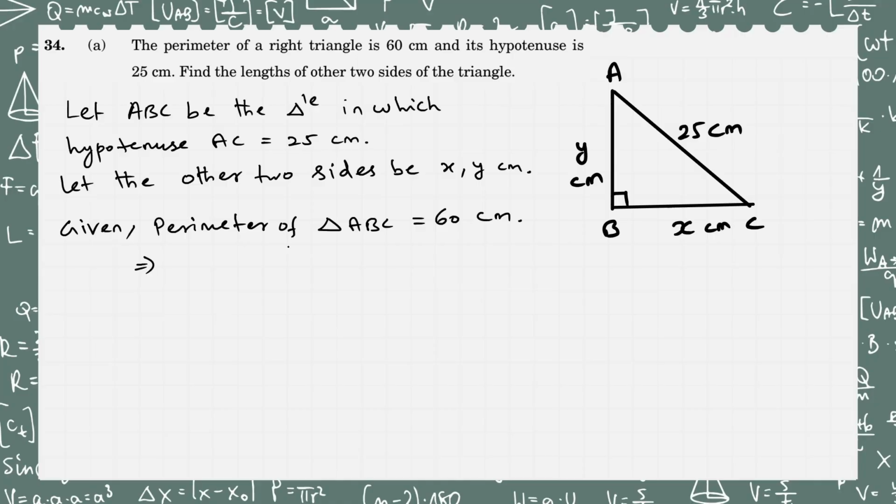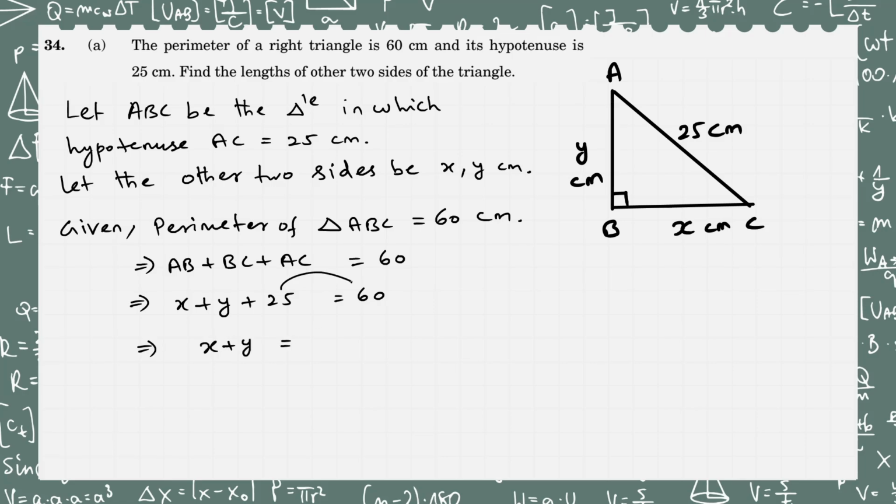So what is the perimeter? Sum of all the sides, right? So that implies AB plus BC plus AC equal to 60. That implies x plus y plus 25, correct? It will be y plus x plus 25 or x plus y plus 25, all are the same. x plus y plus 25 equal to 60. That implies x plus y equal to, taking this 25 to the other side, 60 minus 25, which is 35, right?